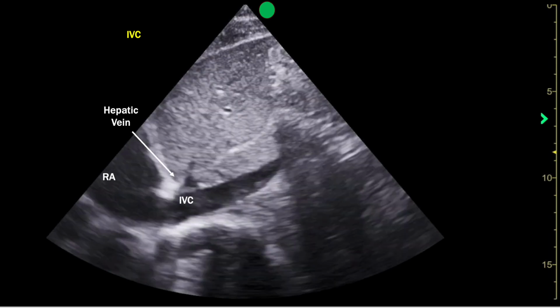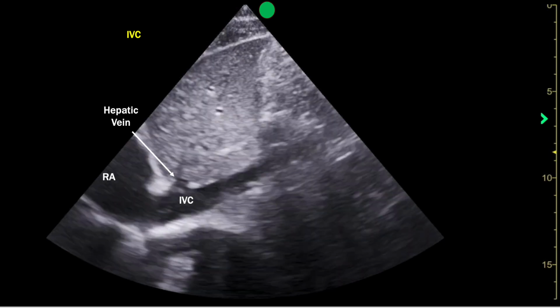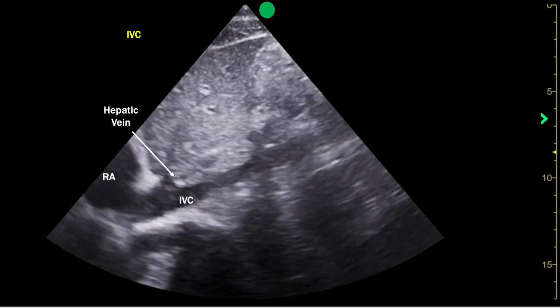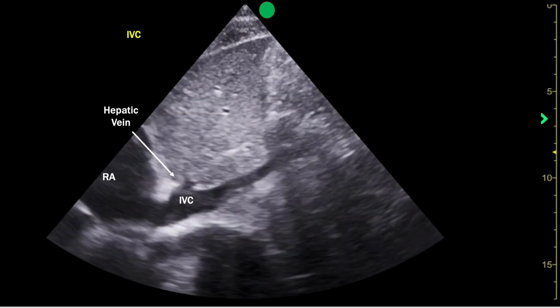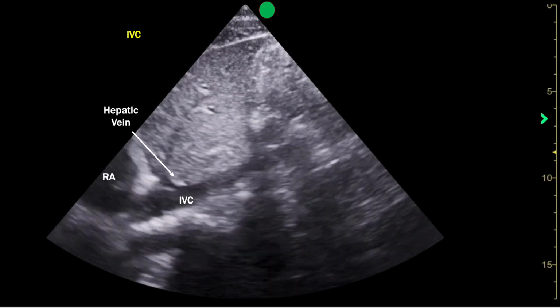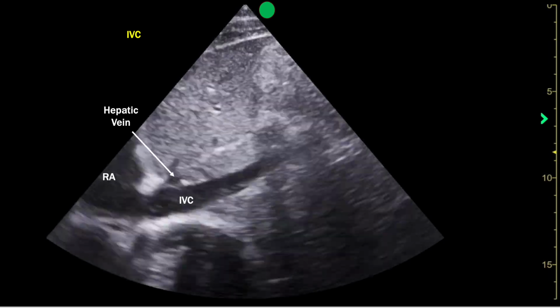So most literature suggests that the measurements should be acquired within 1.5 centimeters from the hepatic inlet, so somewhere maybe around here, before that greatest area of variation.